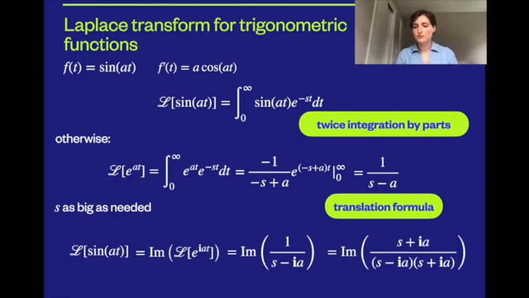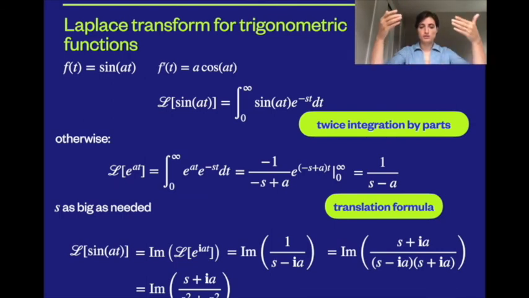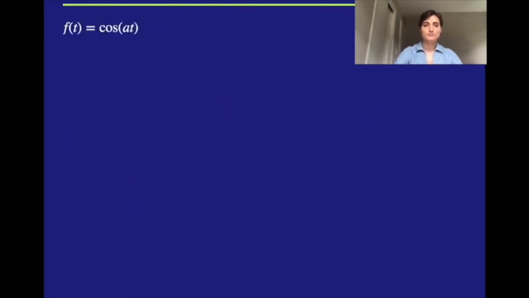Now we want to try to solve this complex fraction. We do that by multiplying it on the top and on the bottom by s plus imaginary number times a. We retrieve something that doesn't have imaginary numbers at the bottom anymore, just at the top. And this can easily be solved. What is the advantage of using this approach?